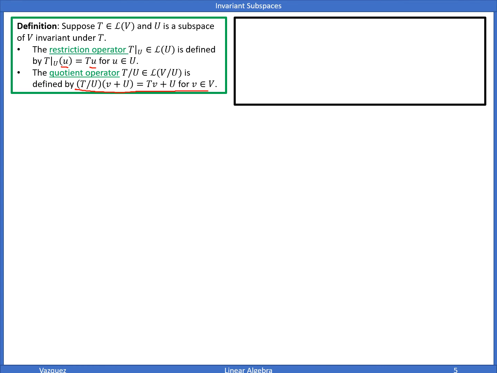Something I should note is we should probably verify that the quotient operator even makes sense, right? Because what if this definition isn't even well defined?